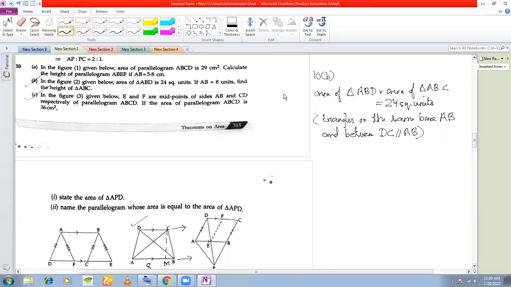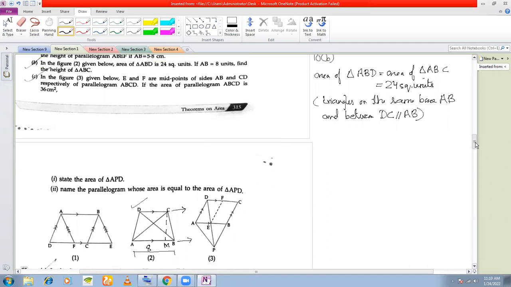So we know the area of triangle ABC. Now, what is the height of triangle ABC? CM. And which one is the base of triangle ABC? It is AB. So also, what is the area of triangle ABC? Half base into height, right? Half. Which one is the base? AB. And which one is the height? CM, right? So half. AB here is given to be 8 and CM we need to calculate.